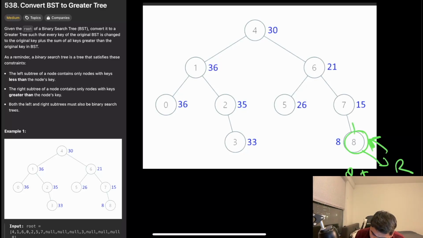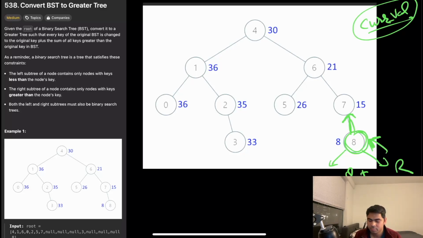Then I go back. I'd also process the left side, but left is not there, so let's forget about it. I'm not even returning a value, I'm just playing around with this global variable and returning control of our recursive function.